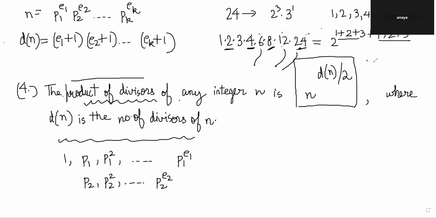And similarly for 3, you get a 3 from here, 6, and another 3 from here, and another 3 from here, right? Yeah.